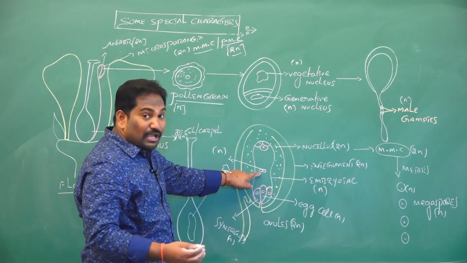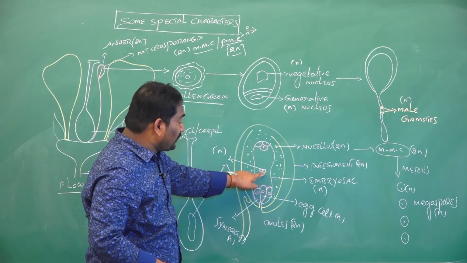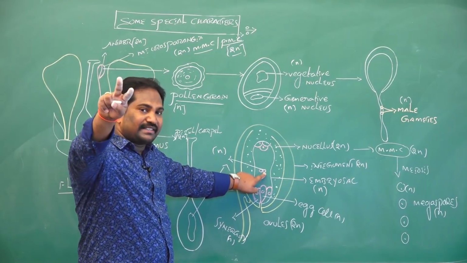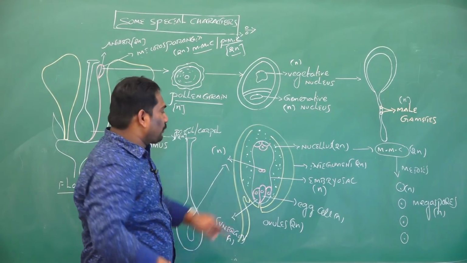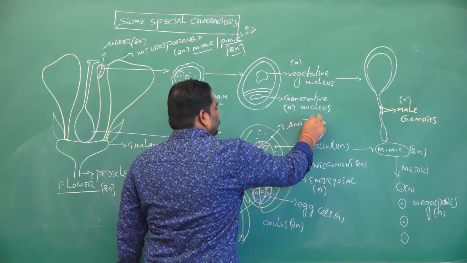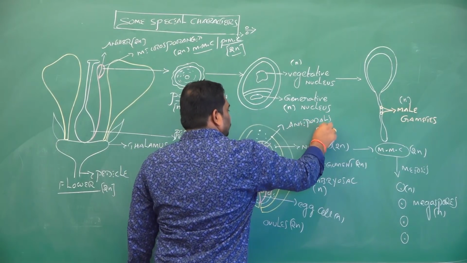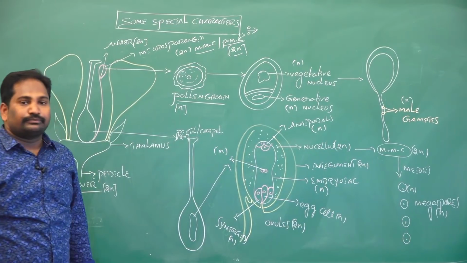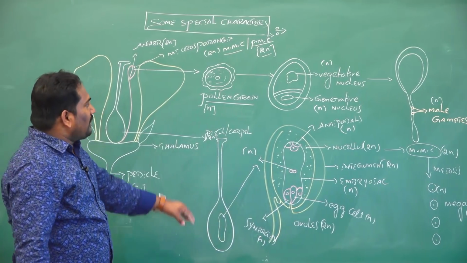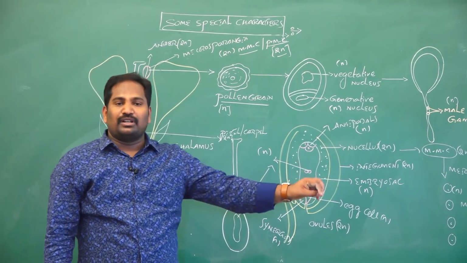Secondary nucleus means before fertilization, these 2 polar nuclei fuse to form secondary nucleus. Ploidy of secondary nucleus is diploid, polar nucleus is haploid. The ploidy of antipodals is haploid. These are the characteristic features of ploidy of different parts during sexual reproduction.